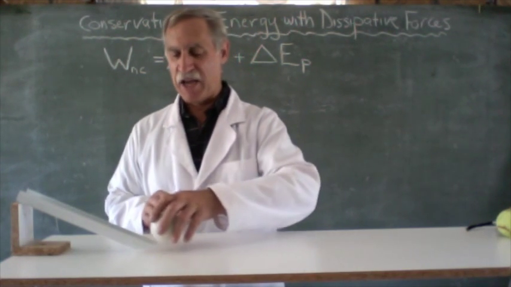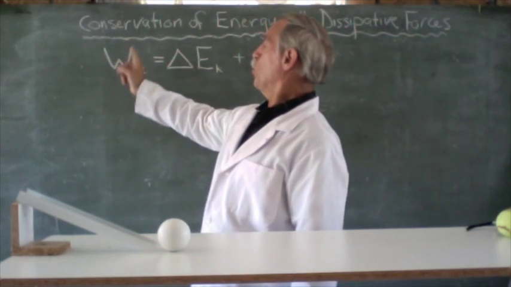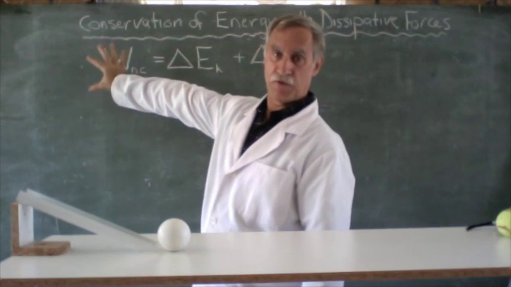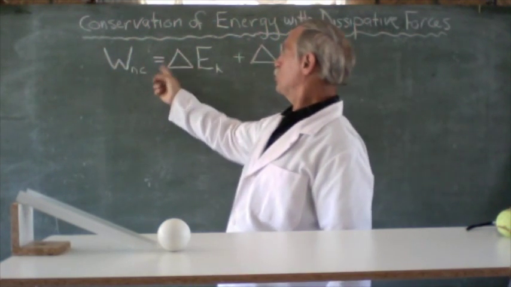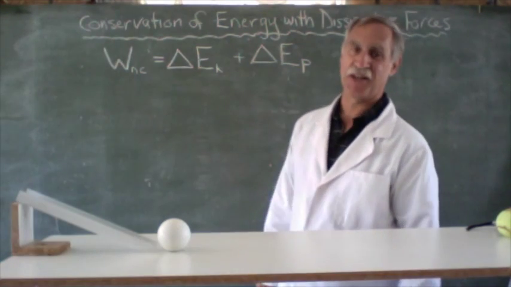So let's apply a particular formula which we have to be familiar with. Work done by non-conservative forces, namely friction, is equal to the change of kinetic energy plus the change of potential energy.